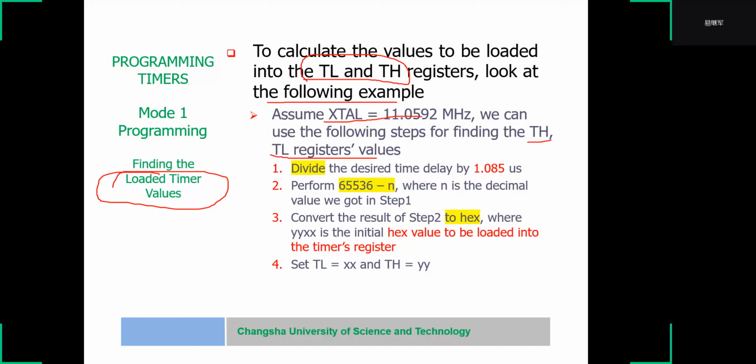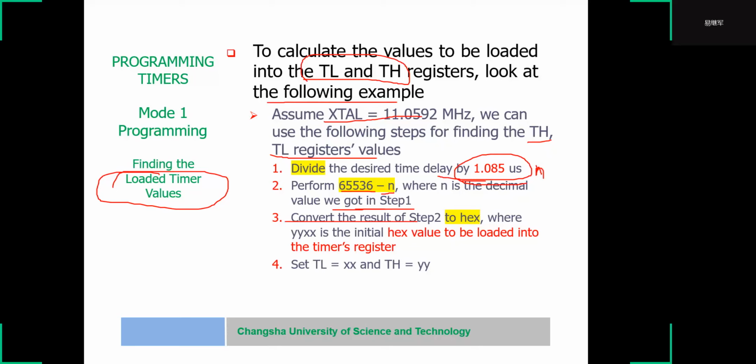Divide the desired time by the machine cycle. Perform FFFF minus the result. This result is n, where n is the value we got in step one.